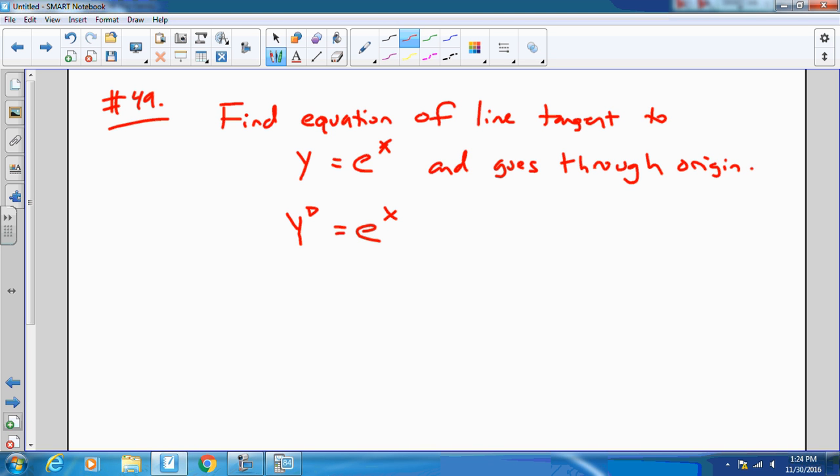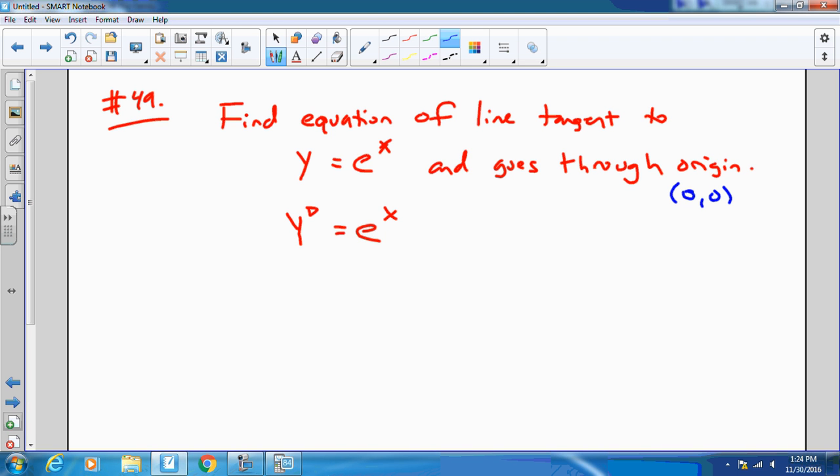Yeah, 0, 0. Okay, but here we have to be careful. We do have a point given to us, 0, 0. But this point is not the point of tangency. And I know that for a really simple reason.